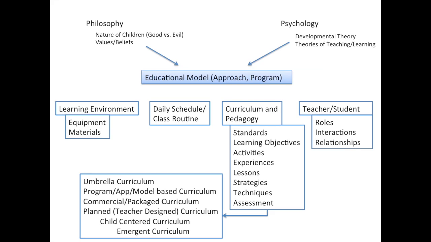So the last component or aspect within an educational model has to do with the people that are involved. So the teacher and the student, what are each of these folks' role, and what are the types of interactions and relationships that we can expect from this particular educational model.